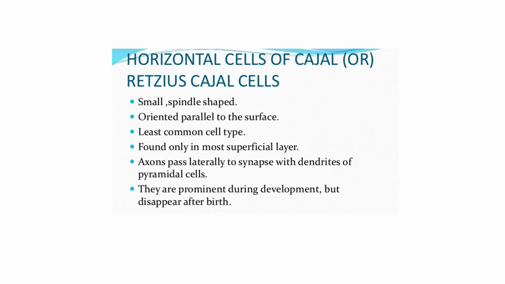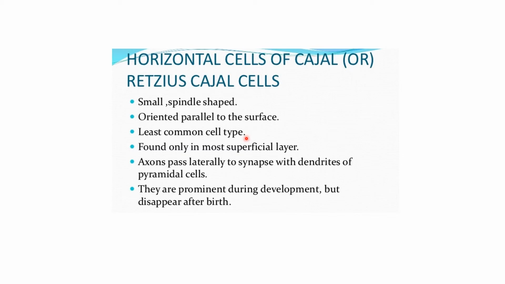The other cells which you will see in the superficial layer, that is the plexiform layer, since we have 6 layers in the neocortex, are the horizontal cells of Cajal, or Cajal cells. They are small, spindle shaped, and oriented parallel to the surface. They are a less common type. Why?